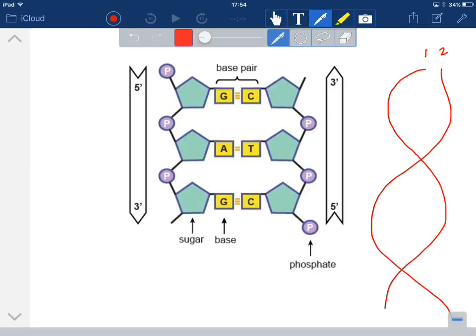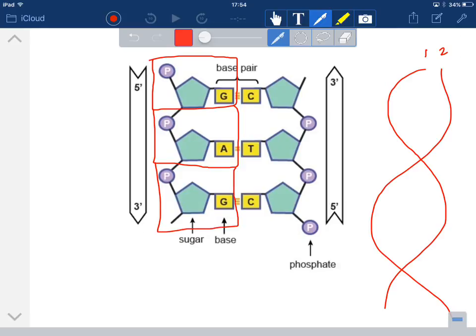We have bases, sugars, and phosphates, which line up, and we have 1 nucleotide there, bound to another nucleotide there, bound to another nucleotide there.